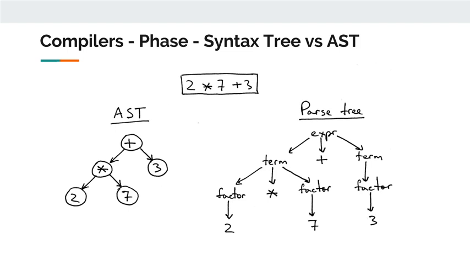So that's why the leaf node here will be a factor multiplied by a factor, which is 2 multiplied by 7. And then which will be a single term on its own. Then you have the term plus the other term, which is down from a factor.